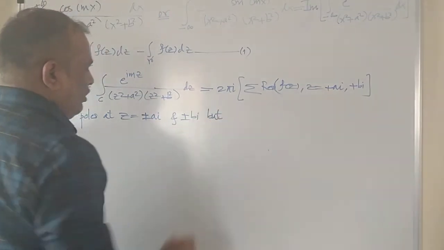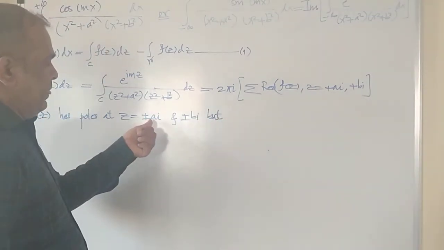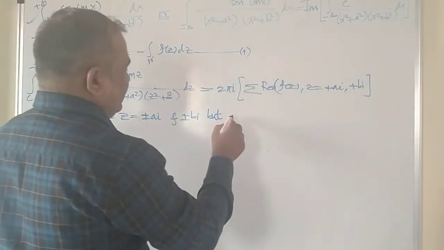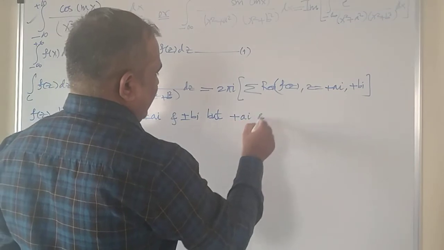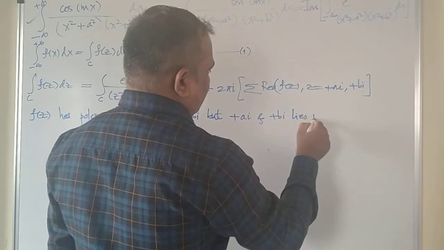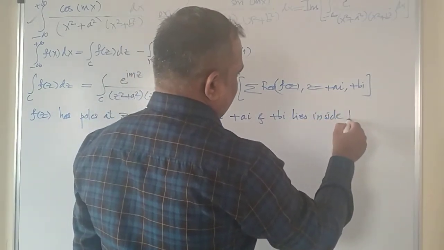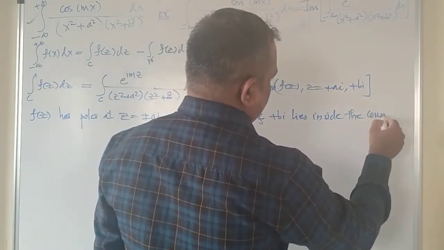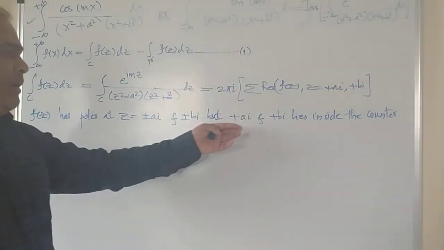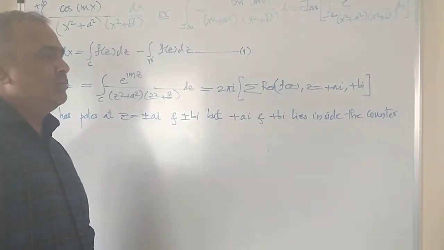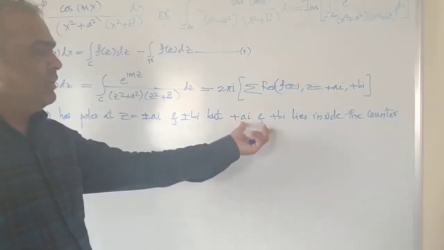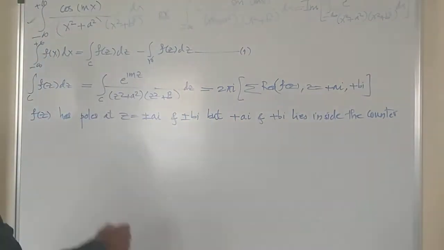But out of these 4 poles, 4 singular points, plus ai, minus ai, plus bi, minus bi, only the positive ones, that means plus ai and plus bi, lie inside the contour. The other two, minus bi and minus ai, lie outside the contour. So you need not calculate the residues for those singular points. Just calculate the residues for plus ai and plus bi.